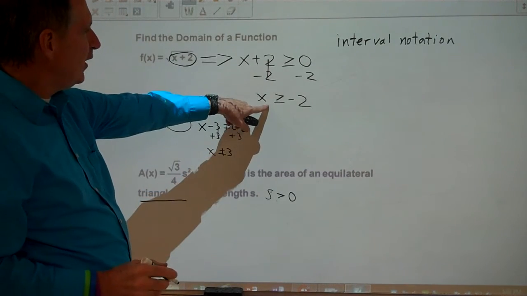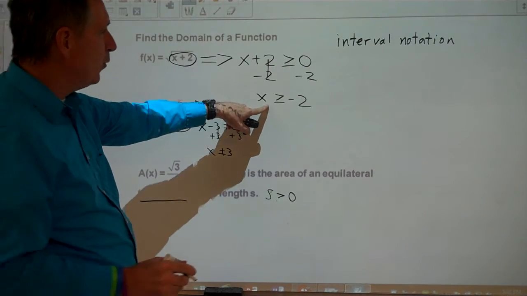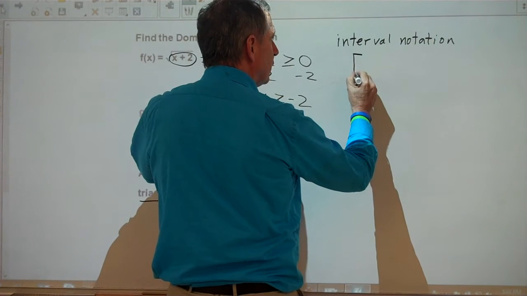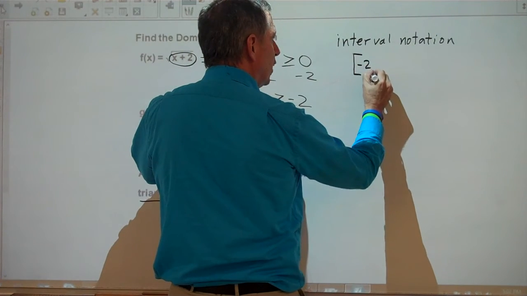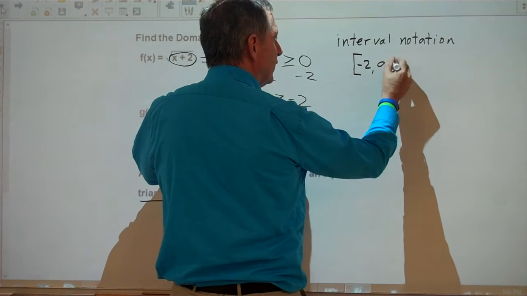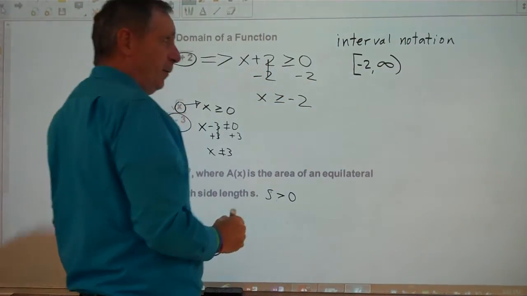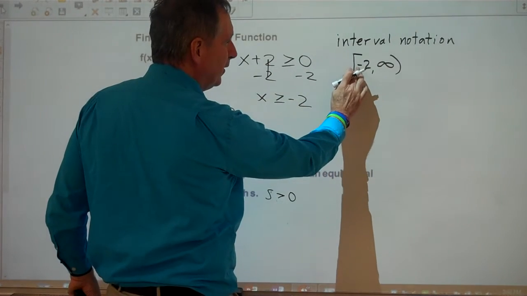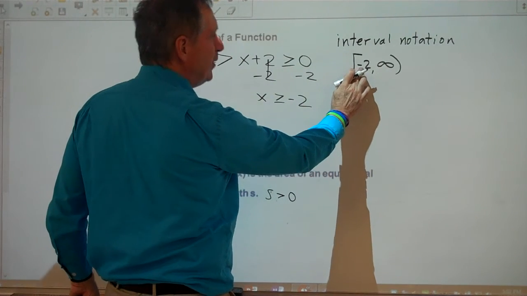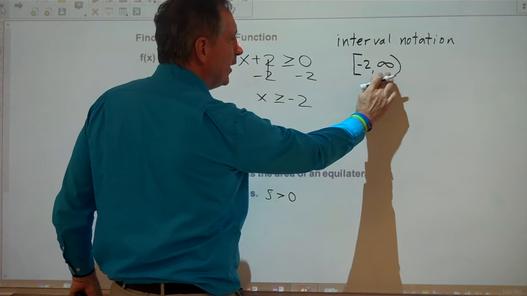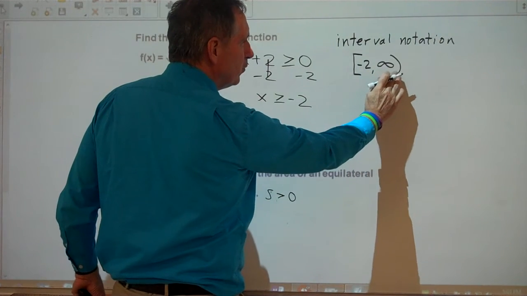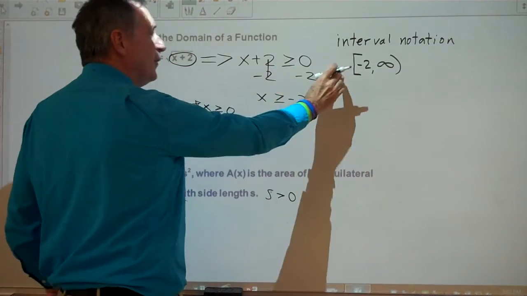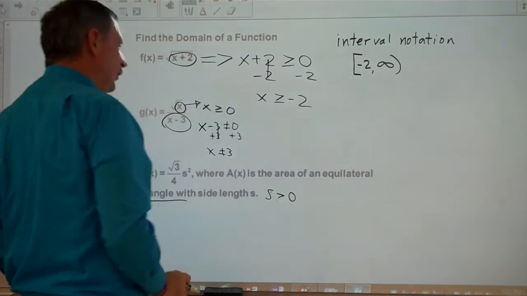Well, in this case, you have x is greater than or equal to negative 2, so we would write that as negative 2, comma, infinity, closing with a parenthesis. And so this bracket means that x can be negative 2 or greater, up to, but not touching, infinity. So this is an example of interval notation for this situation here.